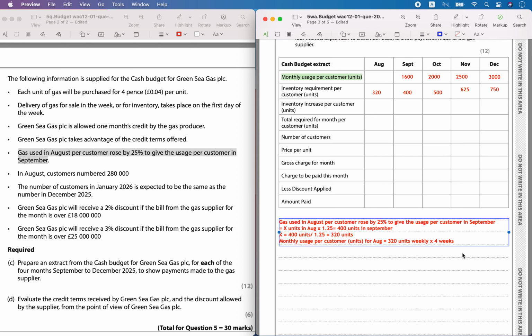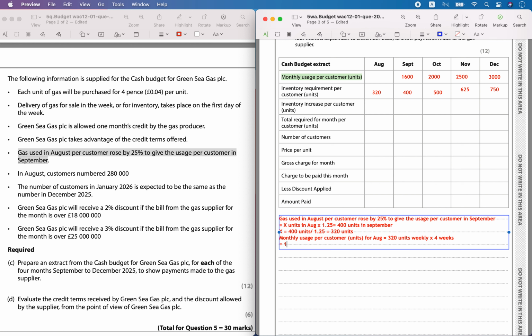That will be equal to 1280 units. So the monthly usage per customer is 1280.